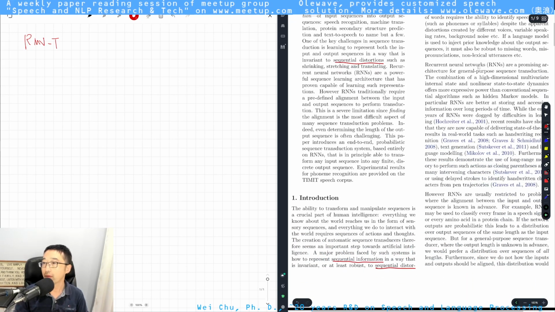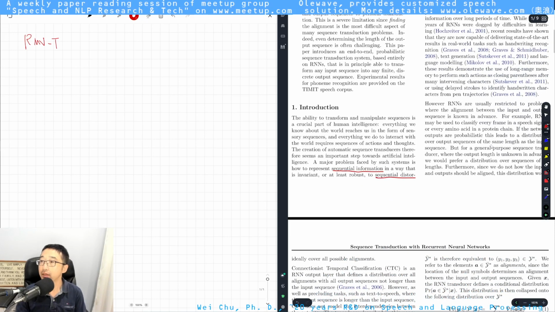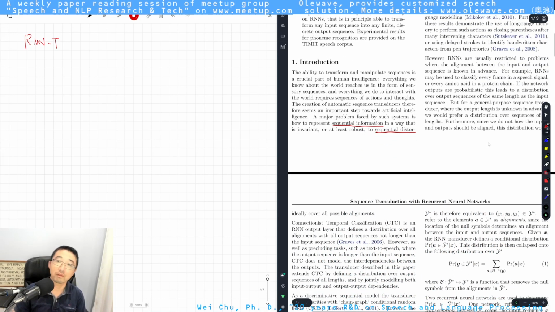And he's talking about the past of recurrent neural networks, which were introduced before him. But he was talking about the limitations of RNN networks, especially how the input and output should be aligned.